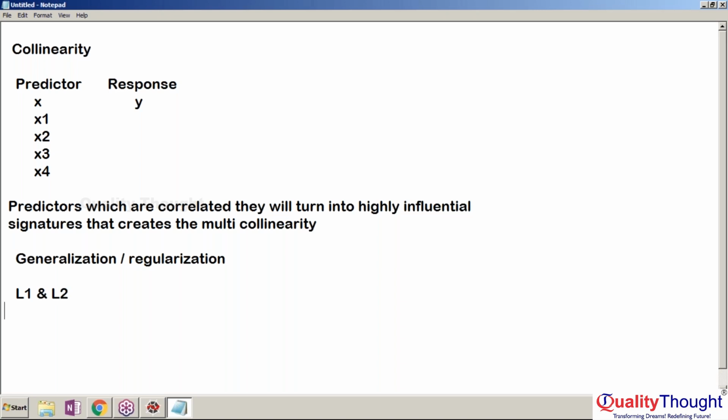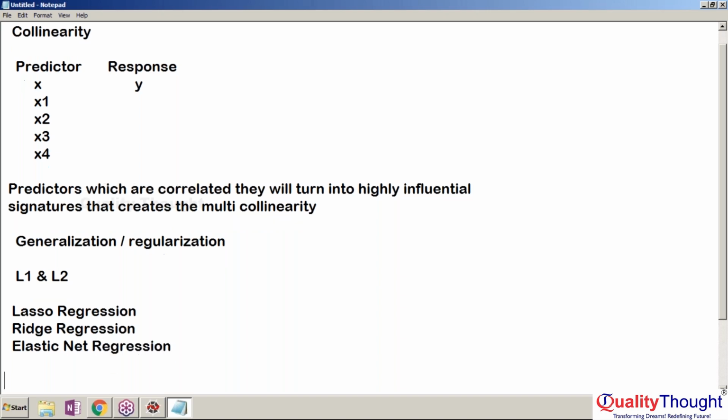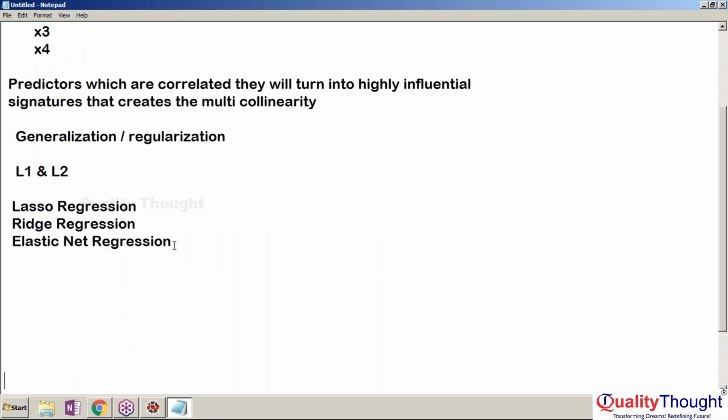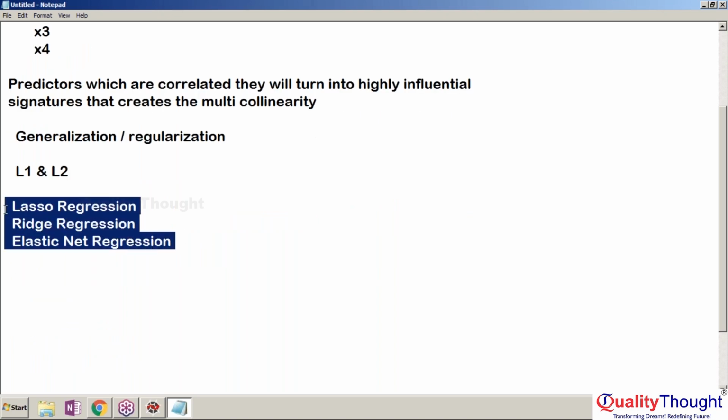Generally, we call them lasso regression, ridge regression, and elastic net regression. All of you understand this one? So these are the three regression models that we have to understand closely.